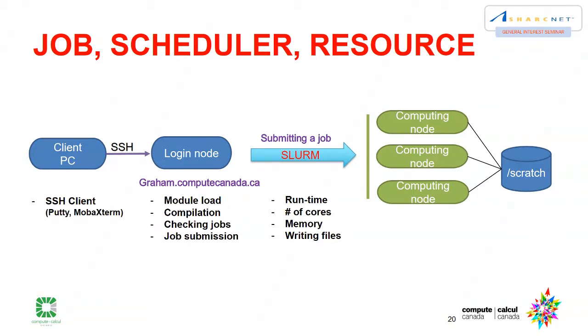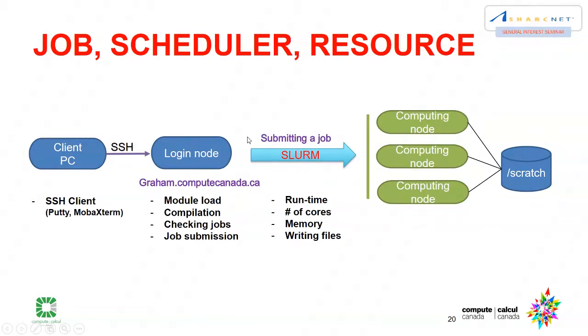The login node is shared by many users. Therefore, it is not recommended to run any job interactively on the login node. Once you do module load, compilation and make a job script, you are going to submit your job to the SLURM system.